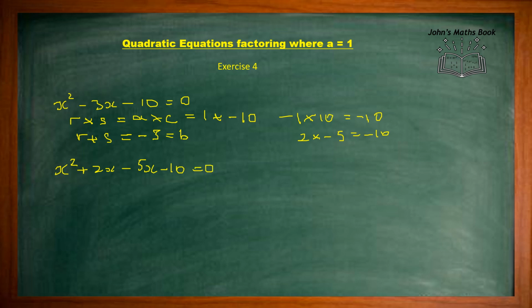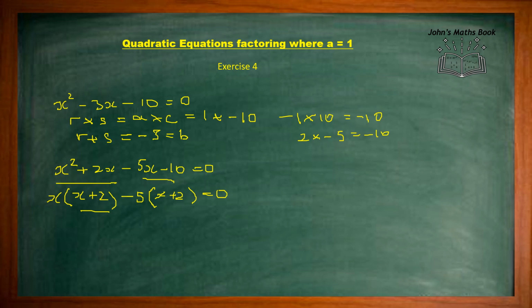So if we work on this part first, we can remove x and multiply it into x plus 2, and then minus 5. So if we remove minus 5 from this part here, that gives us also x plus 2. That equals 0. So we have a common term of x plus 2 now.